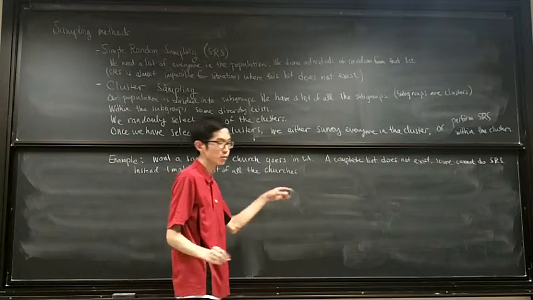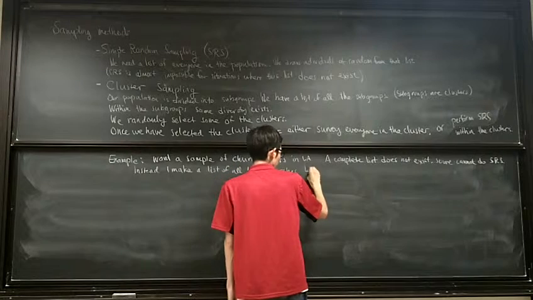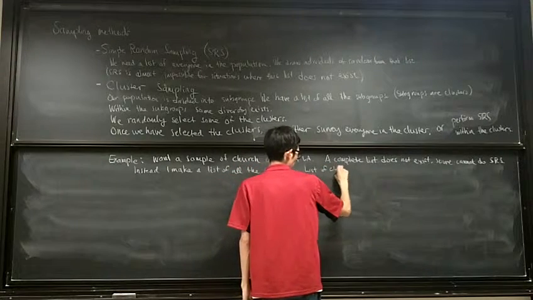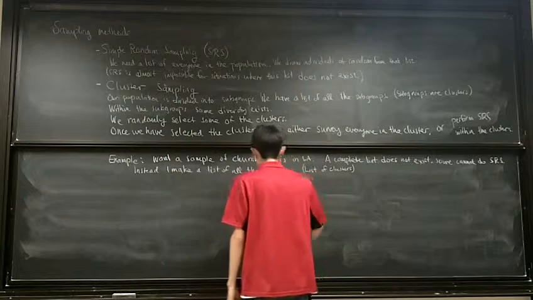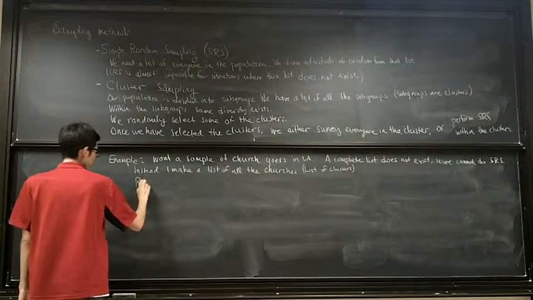So here, this would be our list of clusters. Randomly select some of the churches.